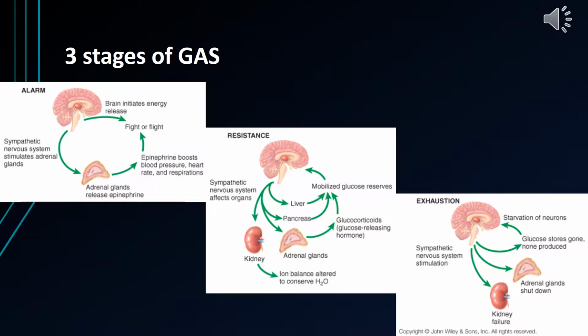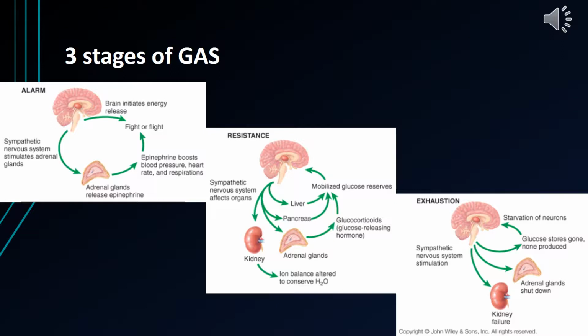And then finally, in the exhaustion phase, and we don't always get to the resistance or the exhaustion phase if we can escape the threat or eliminate the threat quick enough. So here, the sympathetic nervous system stimulates, it causes the kidneys to fail, and some other organs might also fail.